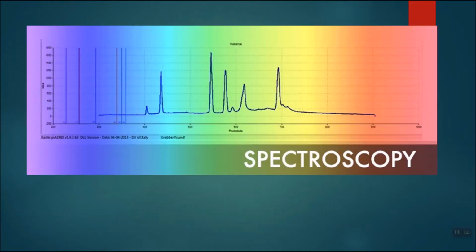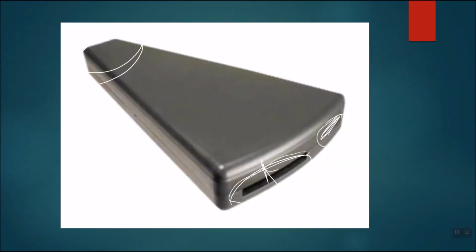So you would be able to see the light fingerprint of any compound or element by looking at its spectral lines. Every compound, every element has its own unique way of emitting light. Therefore, it has its own spectral lines.